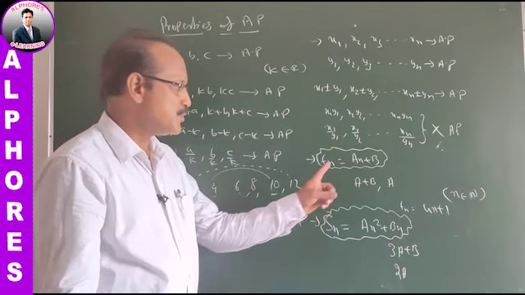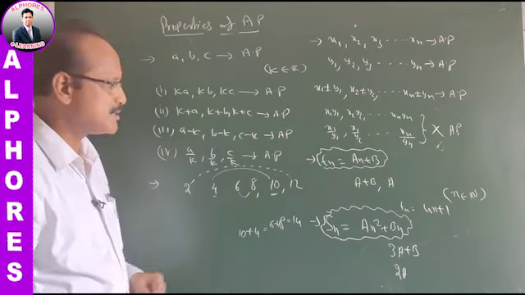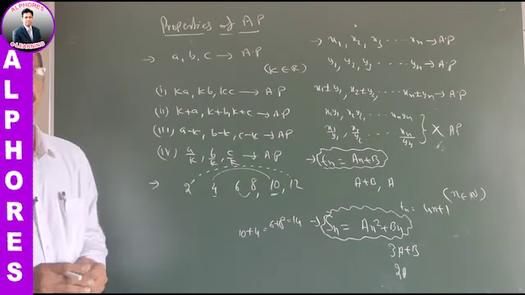Then both series form arithmetic progressions, right? So these are the properties of arithmetic progressions.